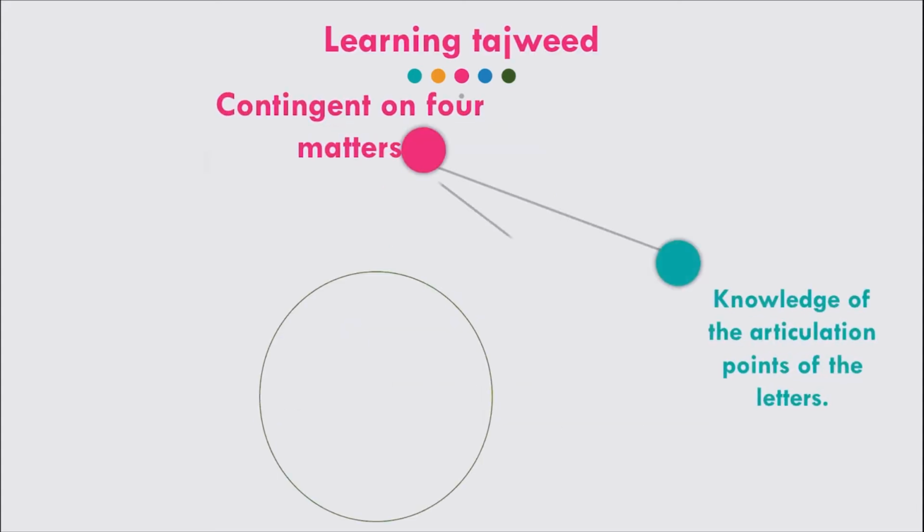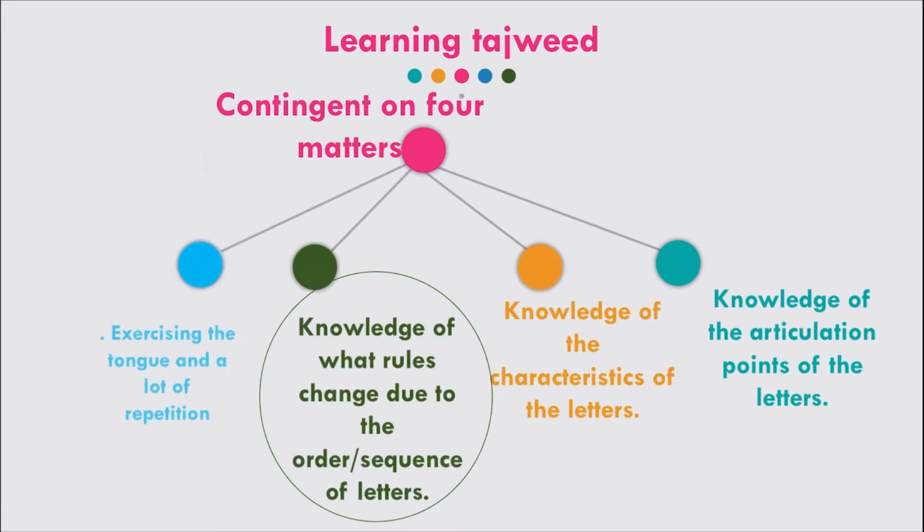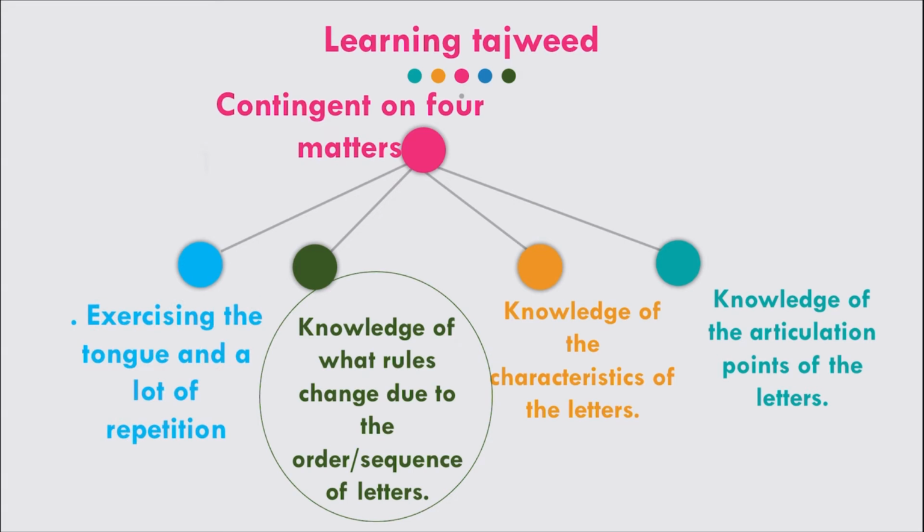Okay, so we agreed that to be professional in learning Tajweed, we have to do 4 steps. Number 1, knowing the articulation points of the letters, and we did this. The second is knowing the characteristics, and alhamdulillah Rabbil Alameen, we already did this one as well. Now we are going to understand the sequence and the rules that may change due to the order or sequence of the letters.